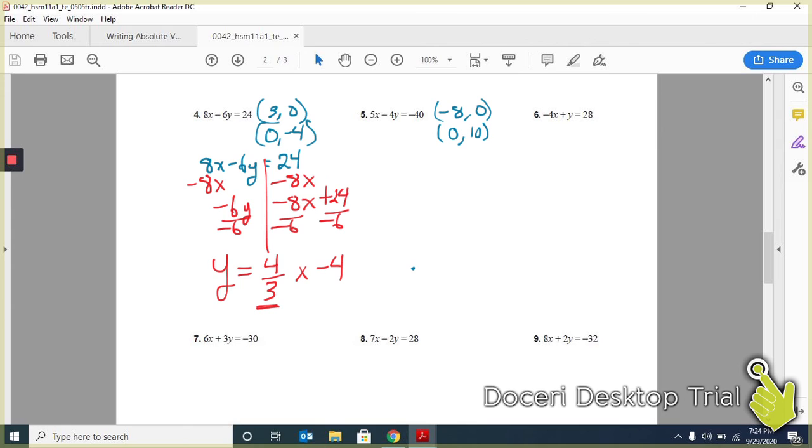There's your y-intercept. There's your slope.